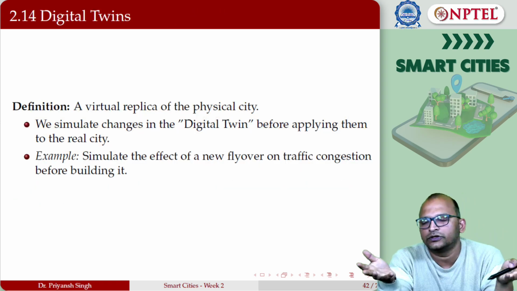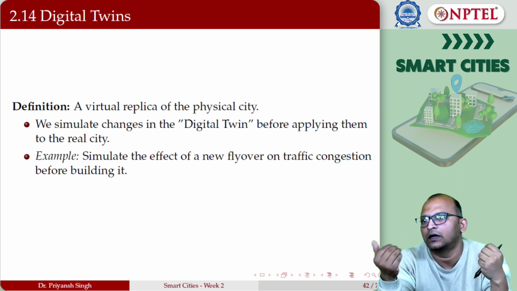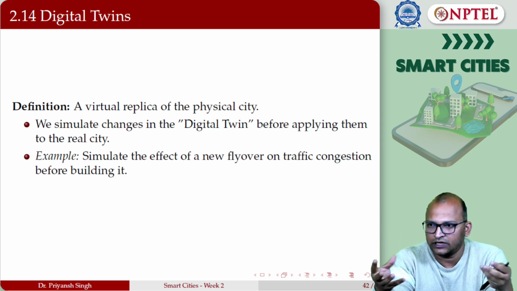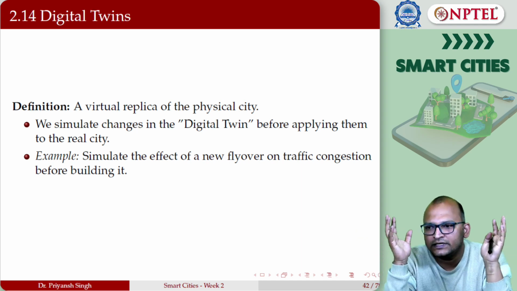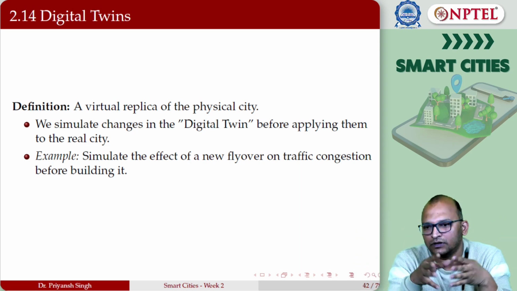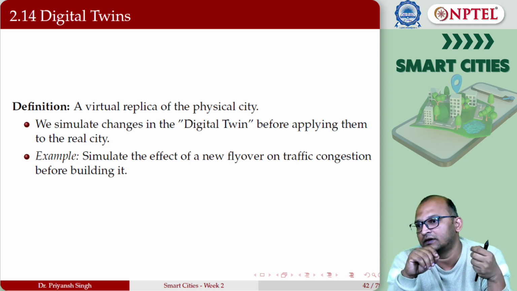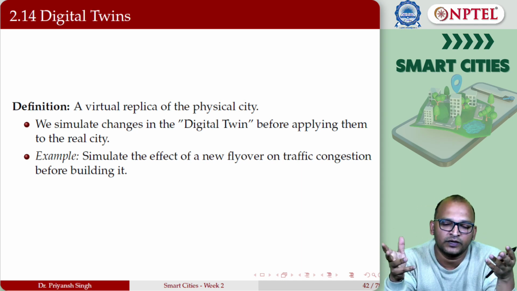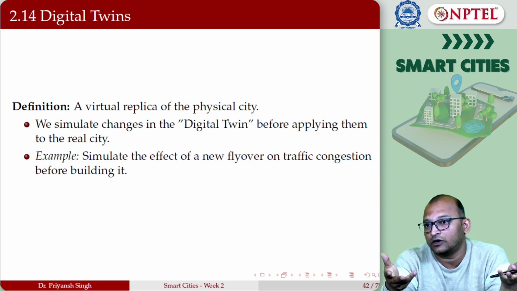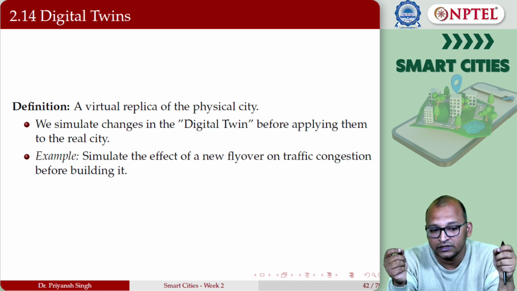Now, whatever solutions we are providing for the smart city based on all this data coming in and its processing, directly implementing these solutions in any city will be cumbersome, and there is always a risk involved, like whether these solutions will be successful or not. To solve this problem, there is the concept of digital twins.